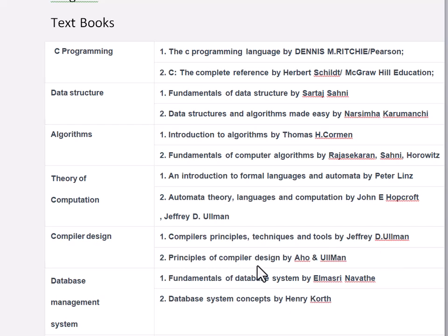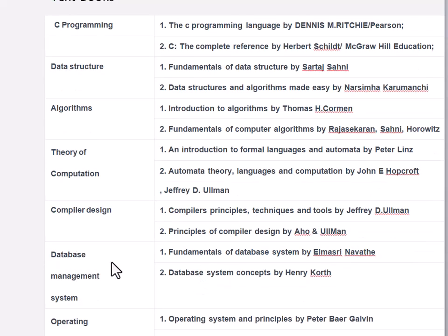And second book is Principles of Compiler Design by Aho Ullman. And next is Database Fundamentals. First book is Fundamentals of Database Systems by Elmasri Navathe. And another book is Database System Concepts by Henry Korth.